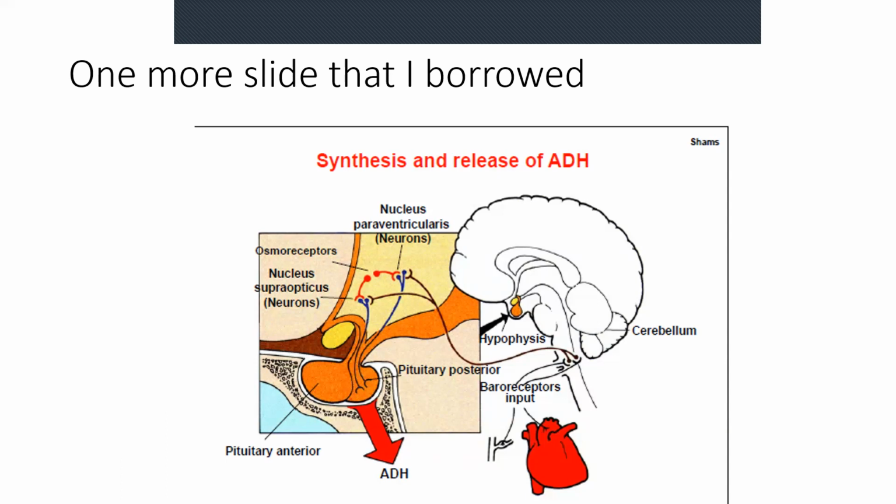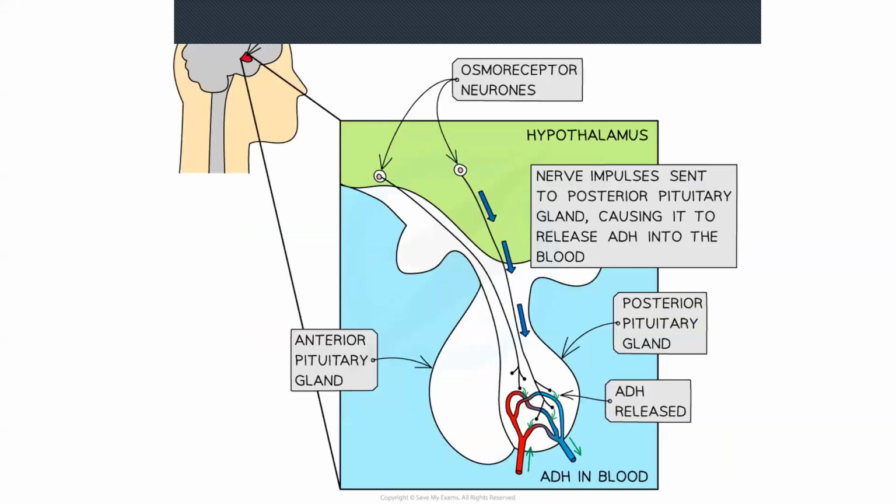Even if you have high osmolality, I want you to ignore that signal. And so these will down-regulate the effect of the osmoreceptors on the release of ADH. So again, just to put it one more time, your baroreceptors will signal the nuclei to ignore the signal from the osmoreceptors, which produces less ADH.